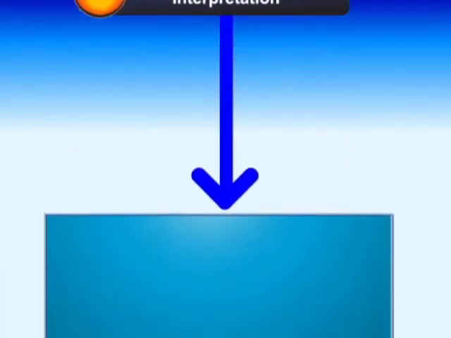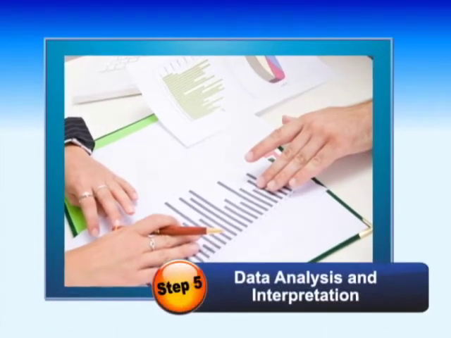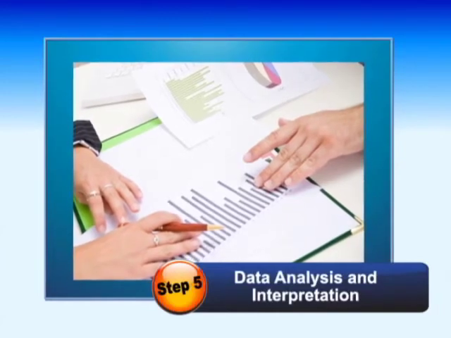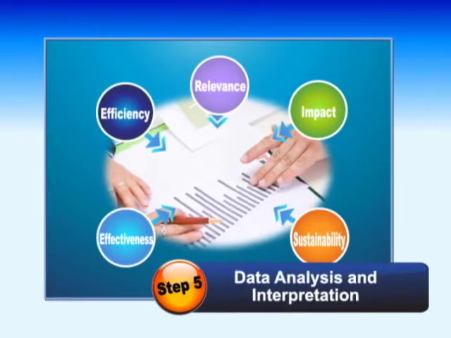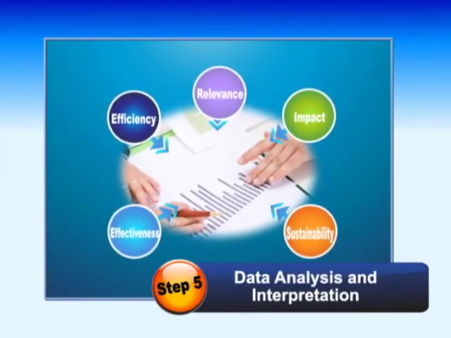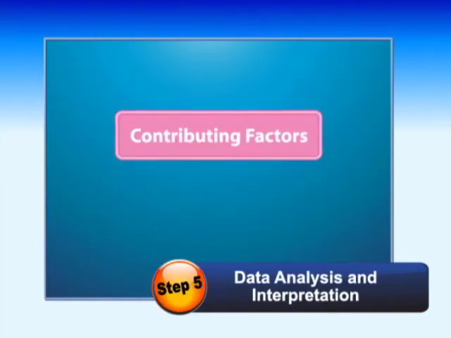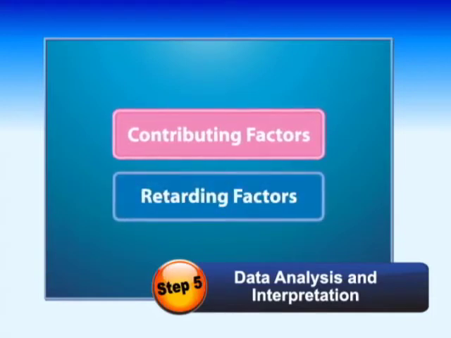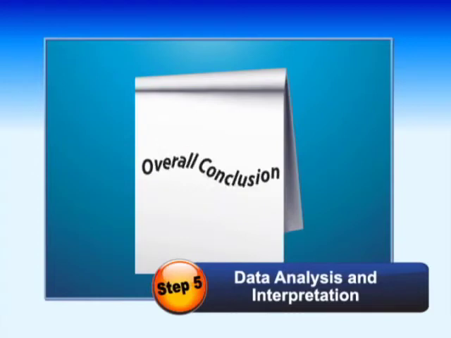1. First, analyze and process the collected data in a form suitable for evaluation in terms of the 5 evaluation criteria. 2. Based on the result of analysis, evaluate them according to the 5 criteria to clarify contributing factors and retarding factors. 3. Draw an overall conclusion from the evaluation result. 4.